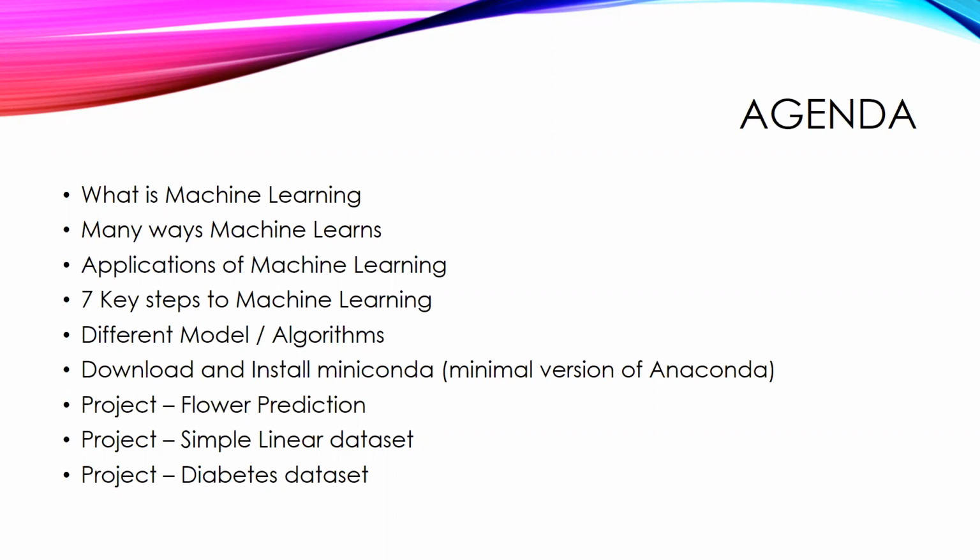And I will be talking about setting up an environment for you to start working on it. It's called Miniconda. It's a minimal version of Anaconda. And I'll explain more about those. This is just an overview.